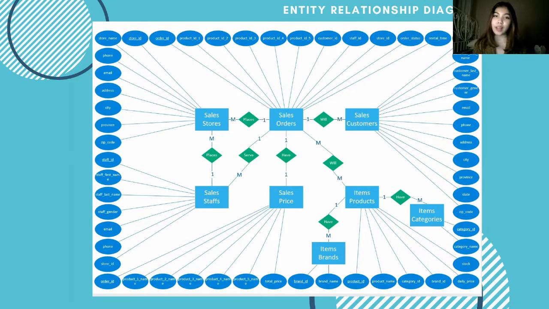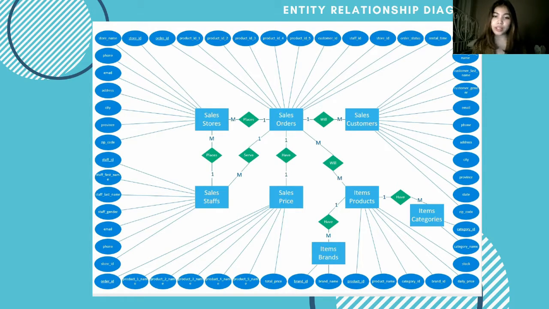Next, over here we have our group entity relationship diagram. Table number 1 is the sales stores table, which has a one-to-many entity relationship, and the sales staff table also has a one-to-many relationship.